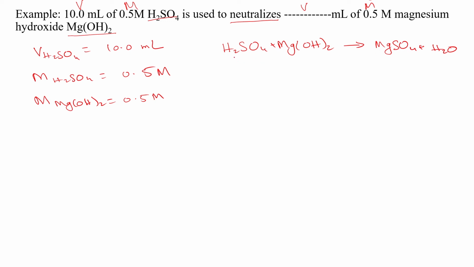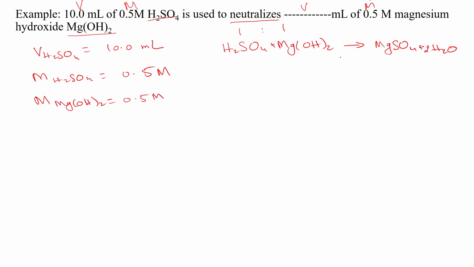For hydrogen, we have two hydrogen here and two here, so a total of four hydrogens and two oxygen in the reactant. So I have to write down two here to make it balanced. And look at the mole ratio between sulfuric acid and magnesium hydroxide. It is a 1 to 1 mole ratio, right?